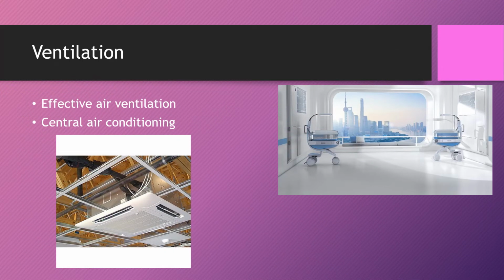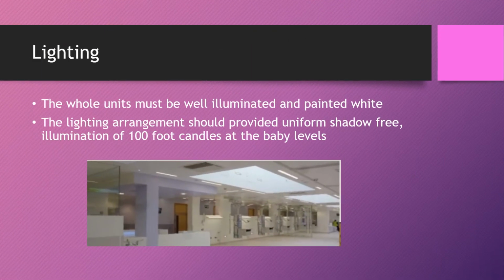Ventilation means effective air cross ventilation is needed in the NICU. Not only that, centralized AC has to be maintained to prevent infection. Next, lighting.